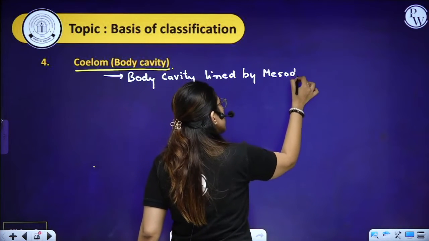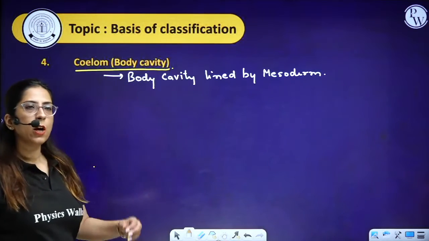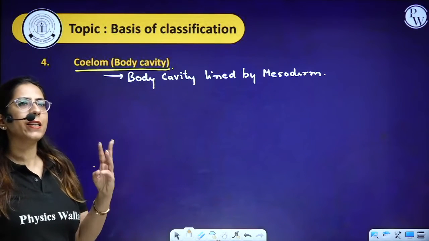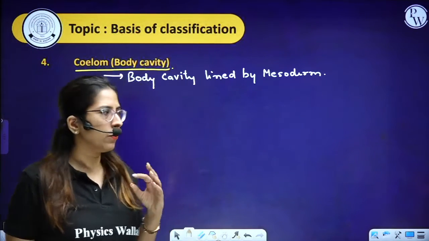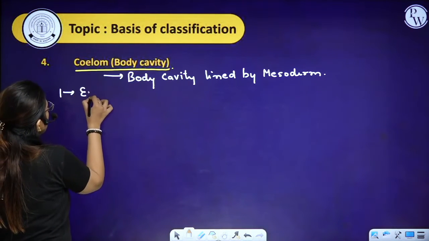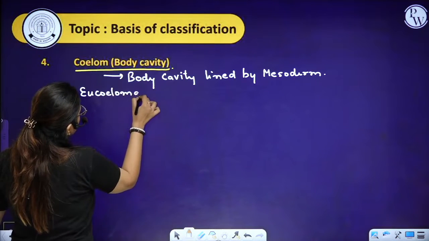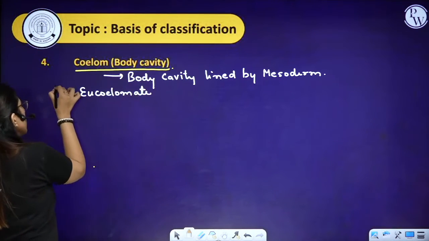So that is termed as the coelom, right? On this basis, there are 3 different kinds of organisms. First we have the eucoelomate.